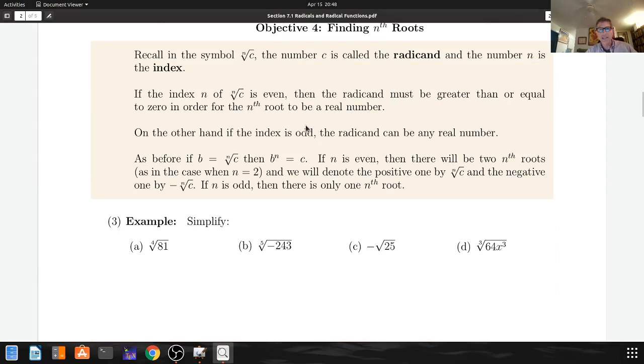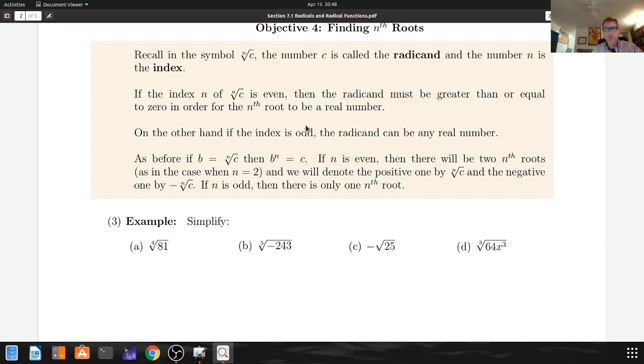So finding nth roots. If we want to think about what we've just done, we notice there's a difference when we're talking about the square roots and cube roots.